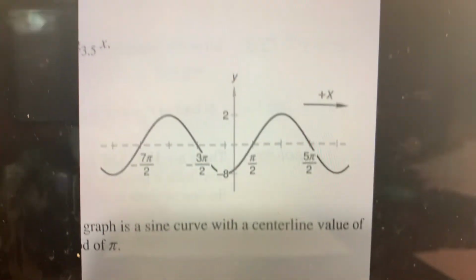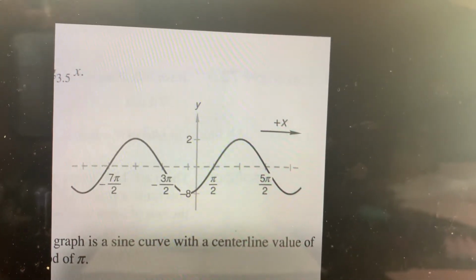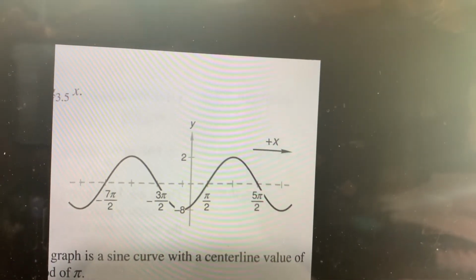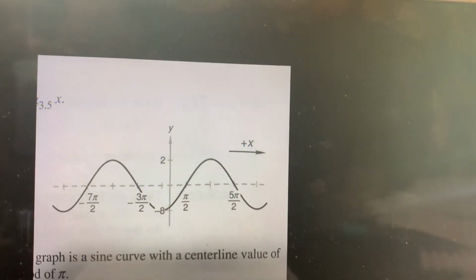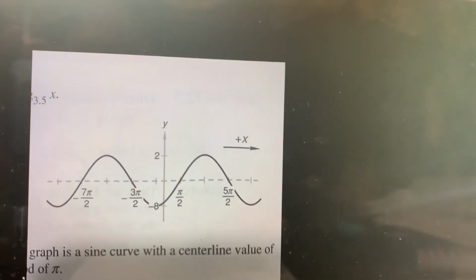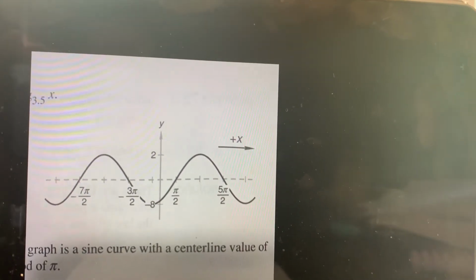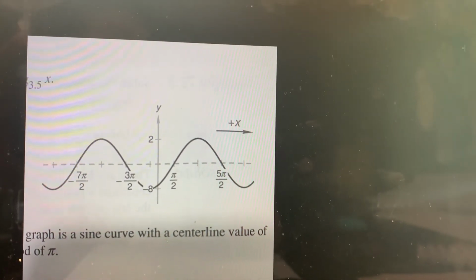So the midpoint is going to be top plus bottom divided by 2. Then for B, it's going to be the top number minus whatever I get for the bottom number. And then for C, it's going to be 2 pi divided by the length of the period.